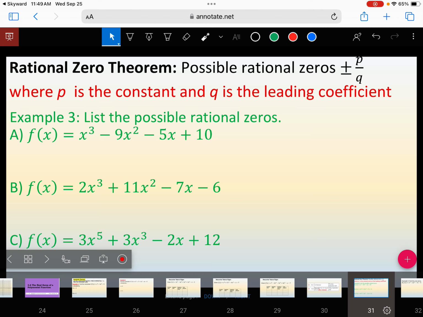So we need to know which zeros are even a possibility, because it will save us time when we are solving these equations. I'll give you a couple more minutes. Go ahead and copy it down. And we're simply going to find our possible rational zeros.